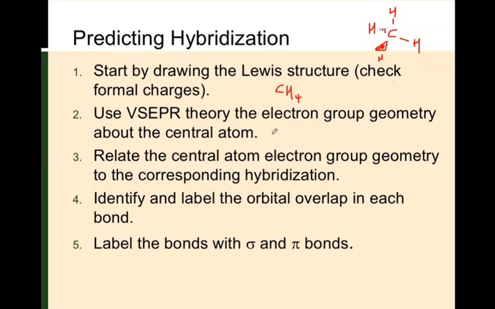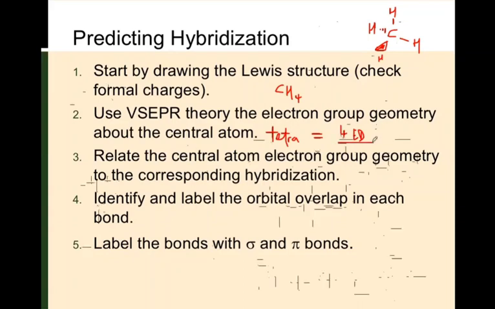So from VSEPR, we find out that we have a tetrahedral structure, so that equals 4 electron domains. Then we orient those equally around the central atom. So we need 4 hybrid orbitals, which means we need sp3 hybridization. That's how we get 4 hybrid orbitals: 1 from the s, 3 from the p. 1 plus 3 is 4.